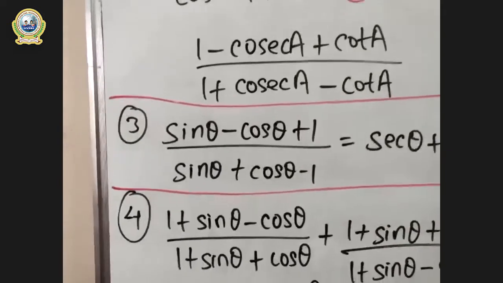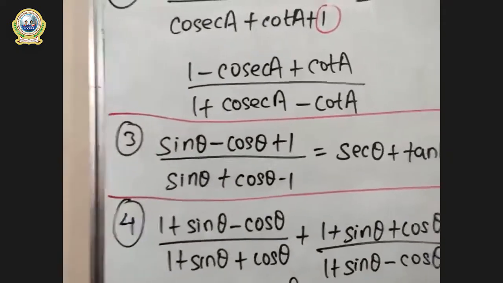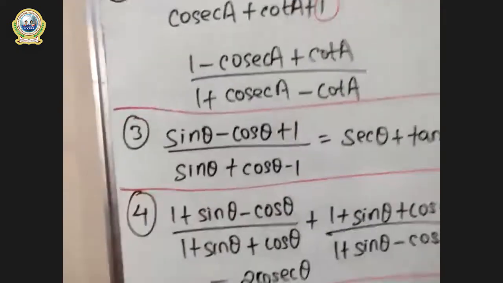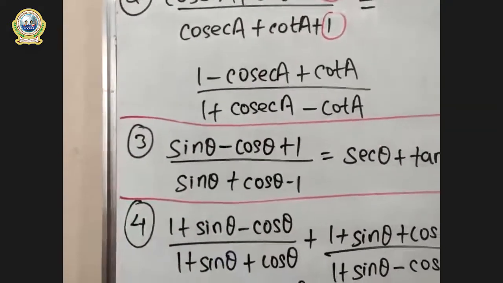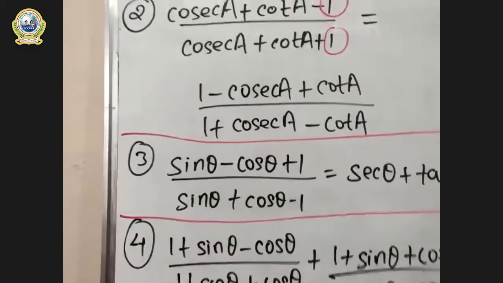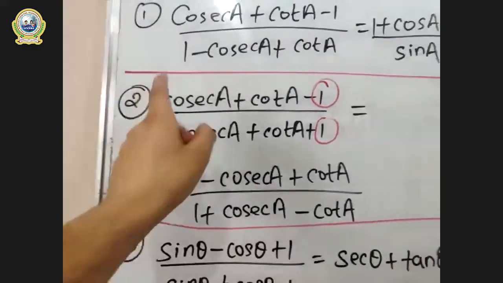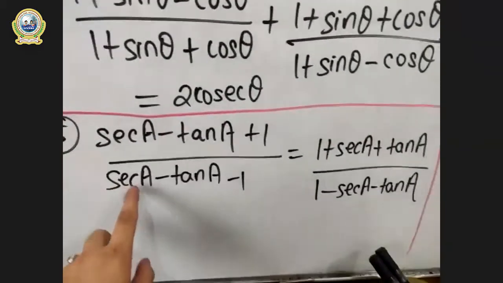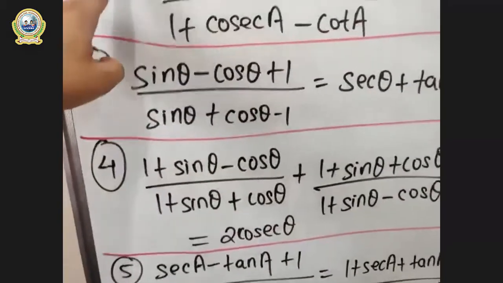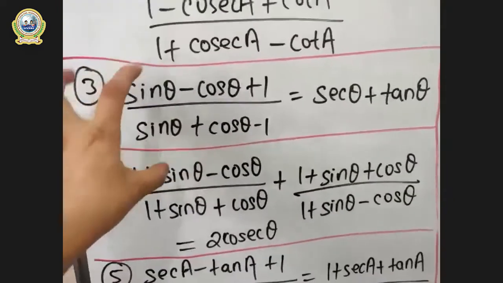It is very hard to solve in sin cos format directly. You can solve this type of question either in cosec cot or in sec tan format. Are you clear? Look at this question. This is in cosec cot format. And look at this question. This is in sec tan format, but you can't solve in sin cos format directly.